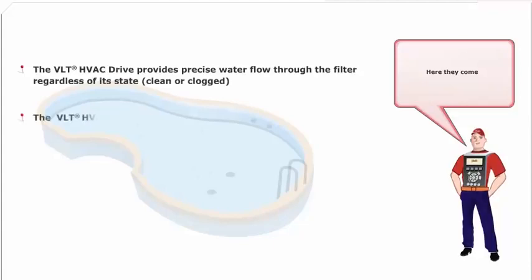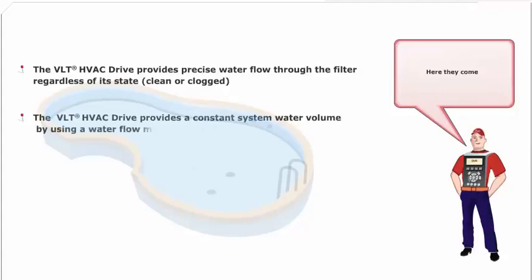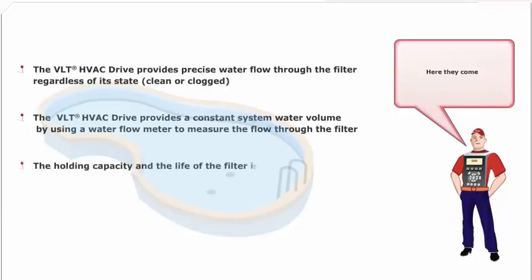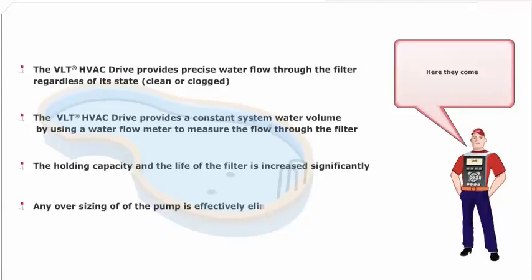The VLT HVAC drive provides a constant system water volume by using a water flow meter to measure the flow through the filter. The holding capacity and the life of the filter is increased significantly. Any oversizing of the pump is effectively eliminated, as the pump is automatically adjusted to match the actual demand.